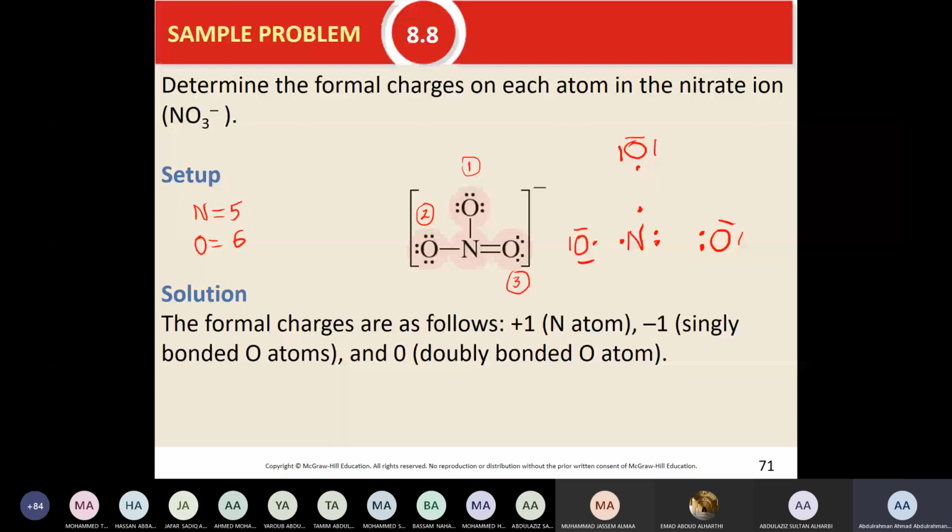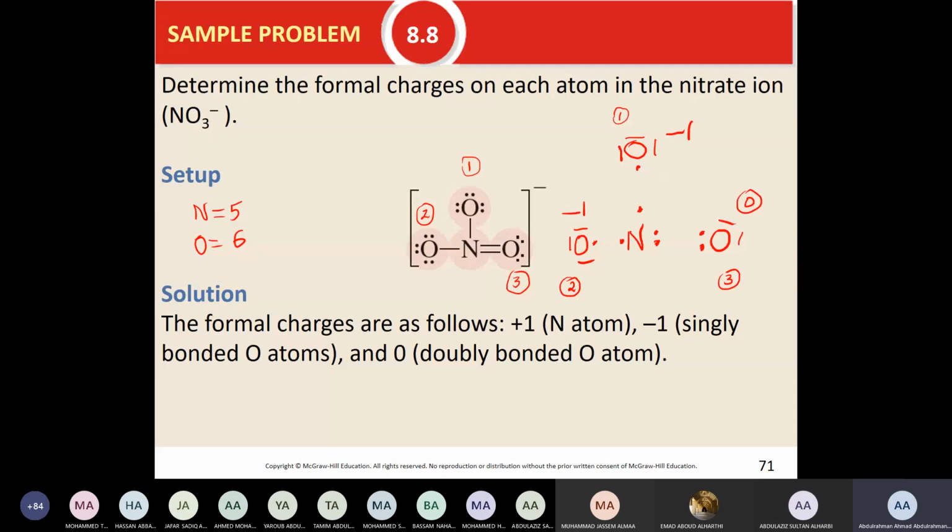So what's the formal charge on oxygen 1? -1, yes, it is -1. How about oxygen 2? -1 also. What's the formal charge of oxygen 3? 0. Yes, it is 0.